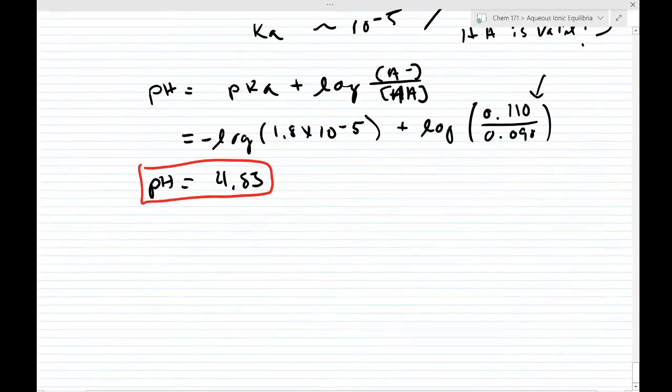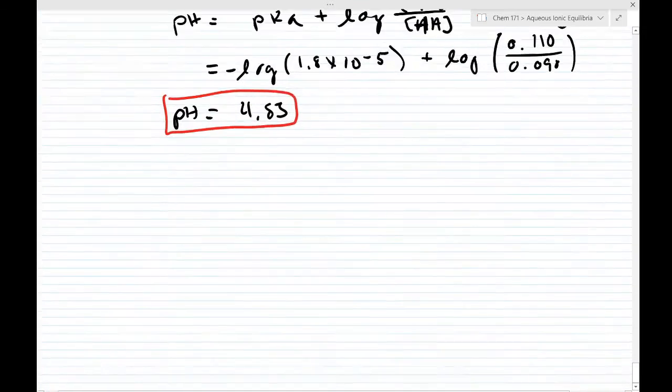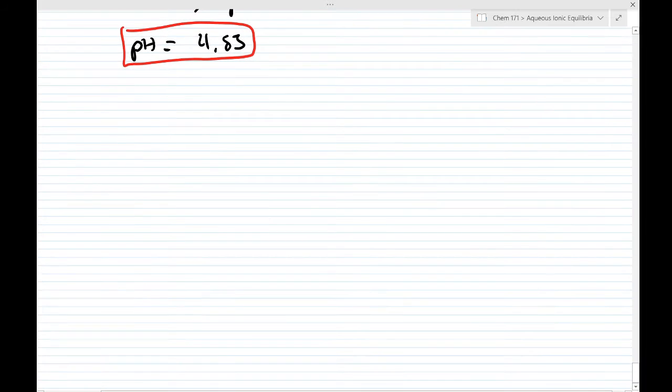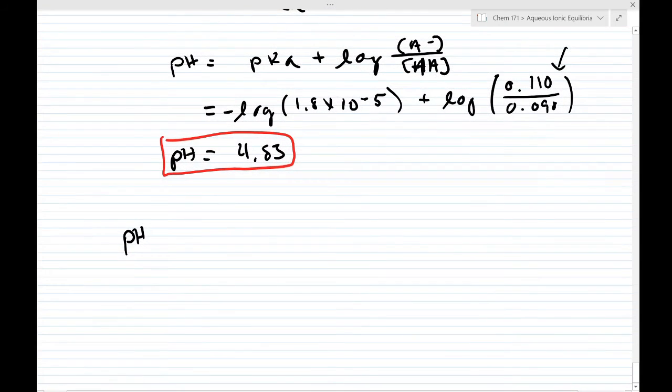Okay, so we just did the pH of a buffer with a weak acid and its conjugate base. What if we make a buffer with a weak base and its conjugate acid? How does that change it? So the pH of a buffer with weak base and conjugate acid.